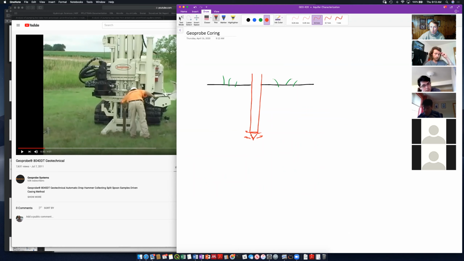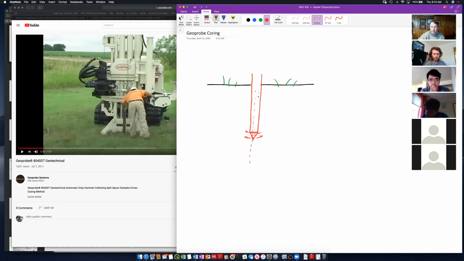So when we core with a geoprobe, there's a portion of this drive stem that we can pull out. Then we drive an inner casing down through that hole.